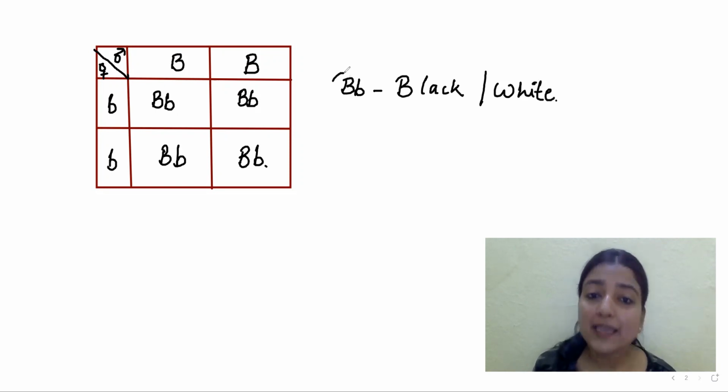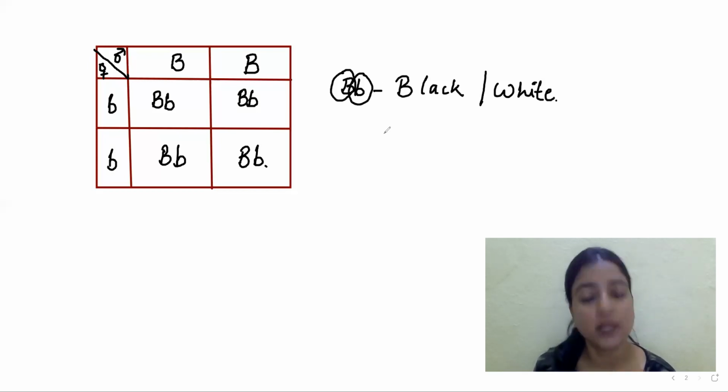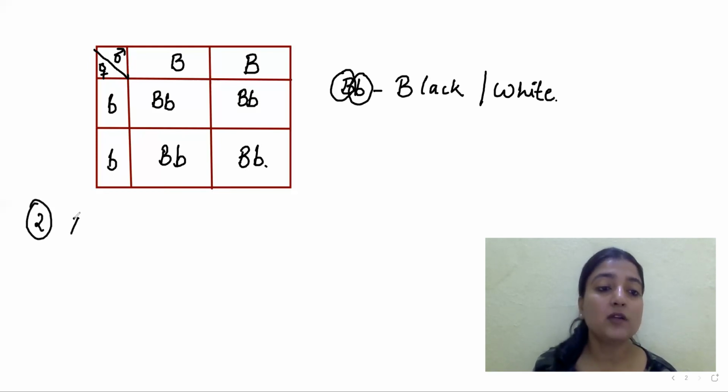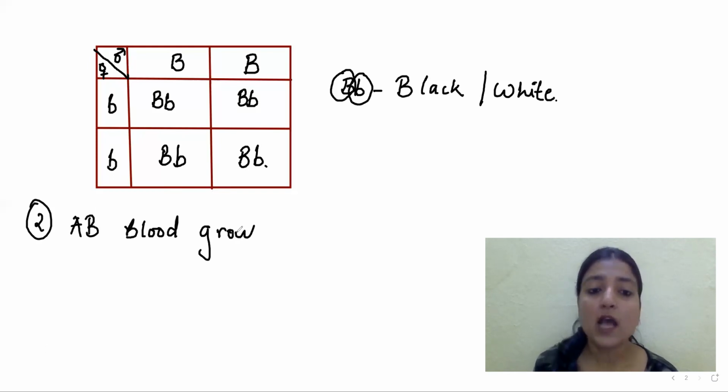Both the dominant and the recessive gene are dominating together. We have already seen some cattle which are black in color with white patches, or white in color with black patches. Now we will deal with the second example, the AB blood group in humans, and how this is showing codominance.